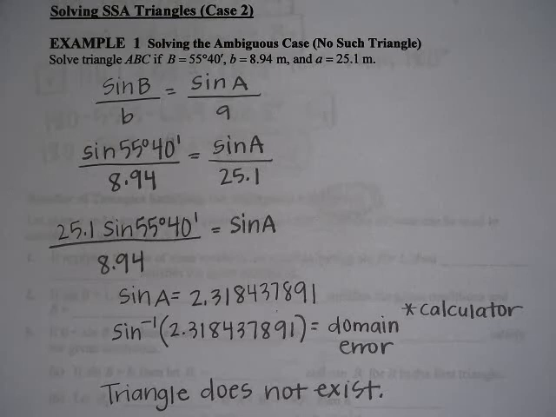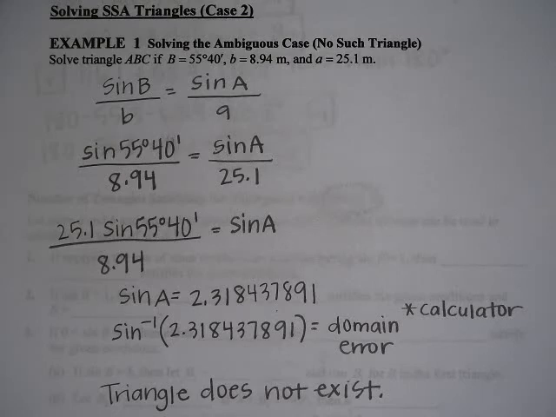Okay, which makes sense because we know that the domain of this should be between what? -1 and 1, okay? So that's not a big shocker, but in case it throws you when you put it in and you get that domain error, it is because your domain should be between -1 and 1.